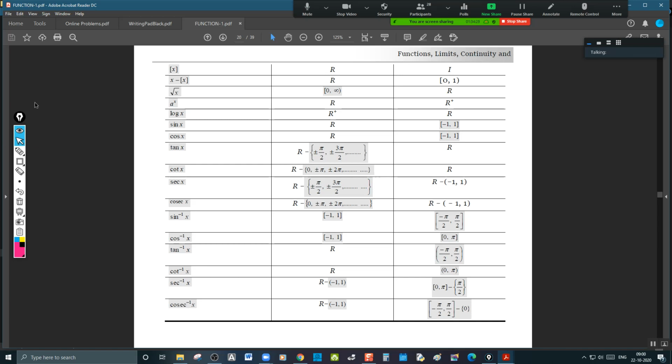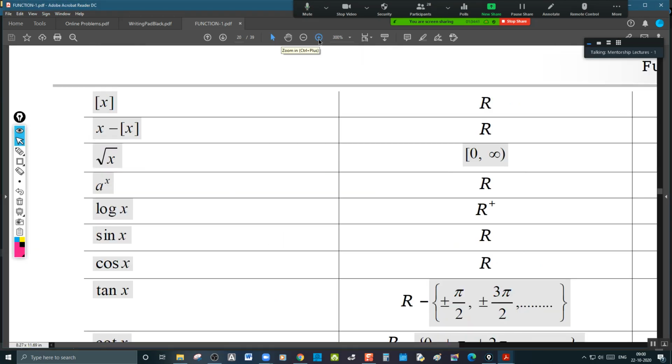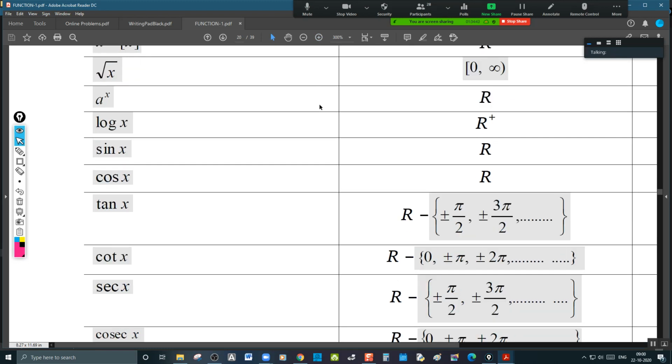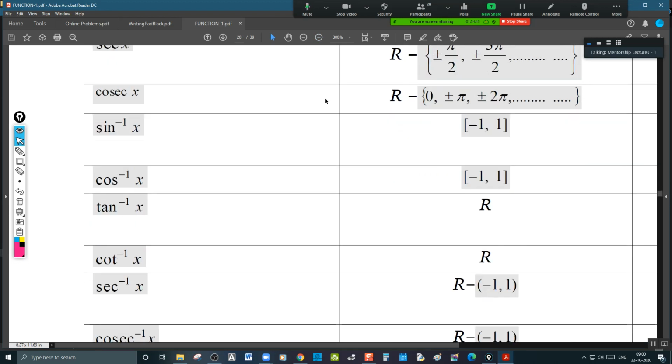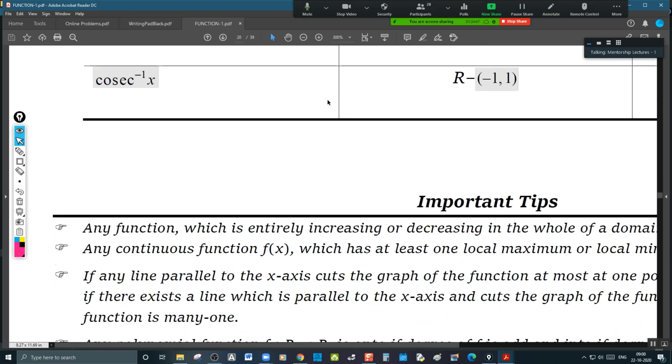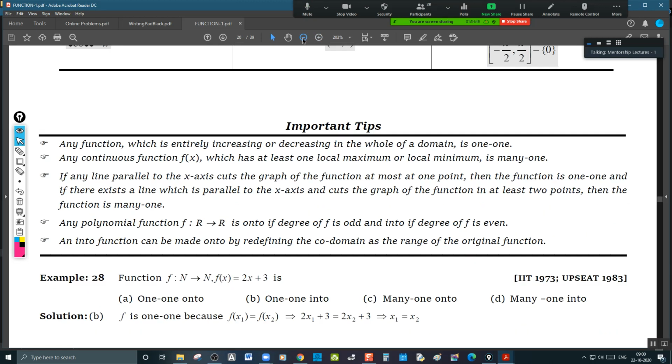Okay, these are the things to be revised. Very important, please: the domains and ranges of different functions. And the next part of it is odd function, even function.